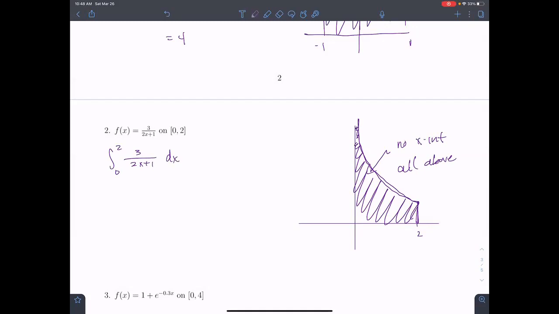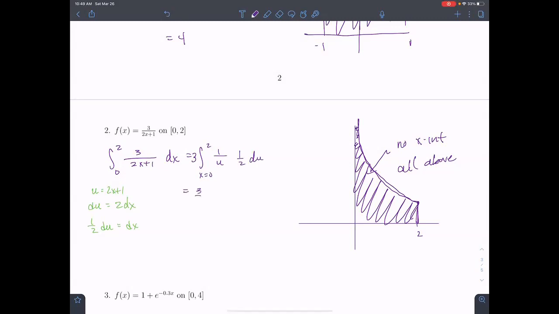This one needs a u substitution, so I'll walk through that. So u is 2x plus 1, du would be 2 dx. So 1/2 du is equal to dx. So I have the integral from x equals 0 to 2 of, I'm going to put that 3 out here, 1 over u times 1/2 du.